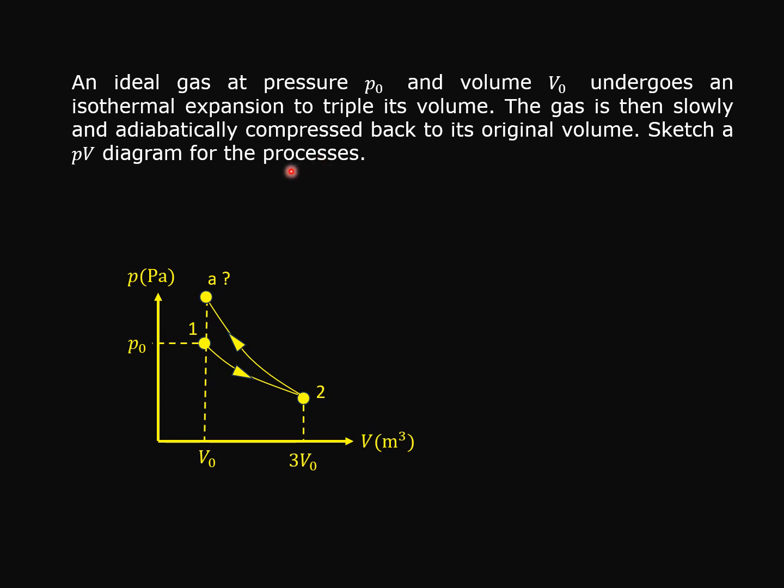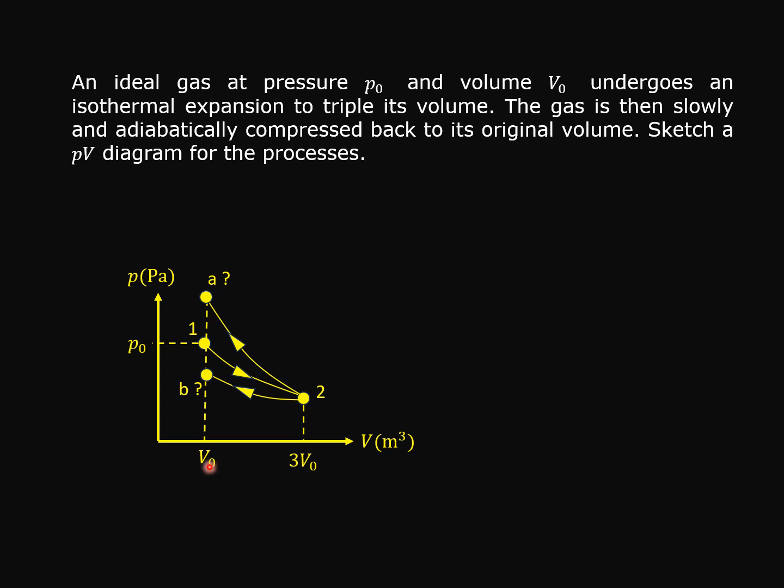The second process is the adiabatic compression. So from state number 2, should we draw a curve to state A like this, or should we draw from state 2 to B in this way? Take note that both states A and B have the same volume as the initial volume of the gas, which is V0.